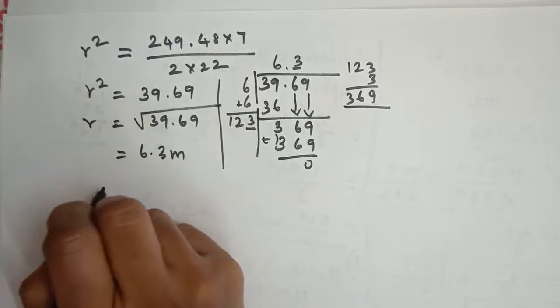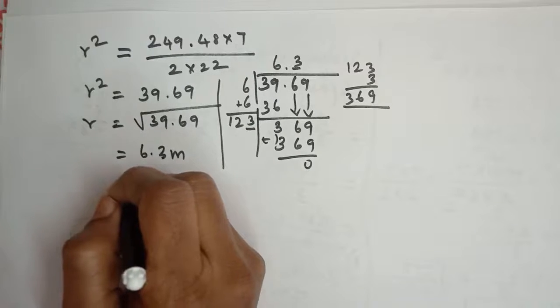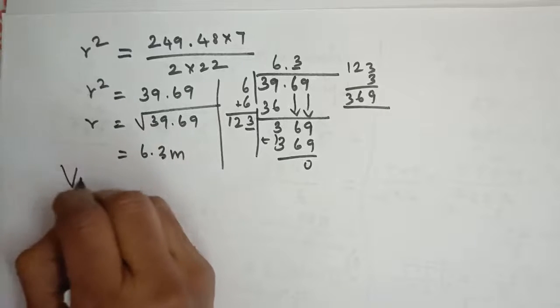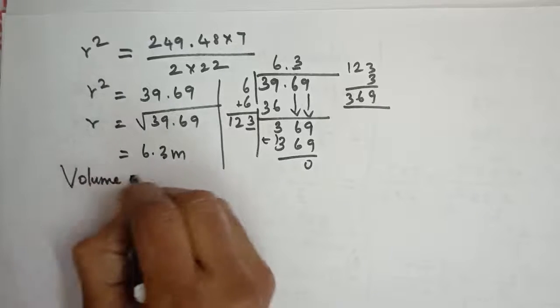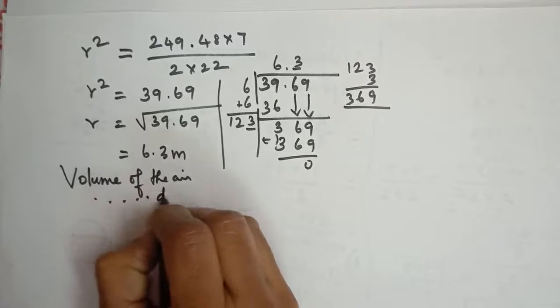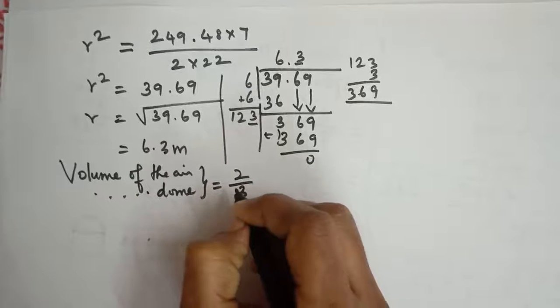So the volume of the air inside the dome. Here we have to find the volume of the air inside the dome. That is equal to 2 by 3 pi r cube, because this is a hemisphere, na?